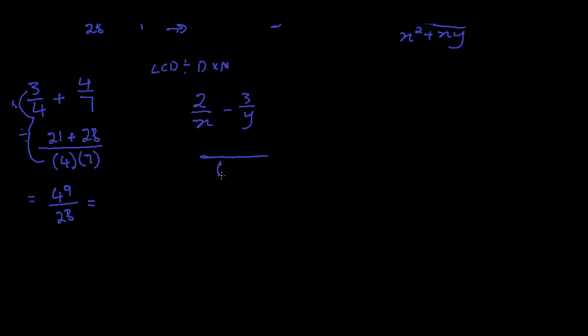So you're going to multiply your x and your y. Then after multiplying the denominators, you take the LCD, divide it by that denominator, then multiply by the numerator. So this xy is going to divide by the x here, which means the x will cancel, then you'll remain with y. Then the y you multiply by 2, you get 2y.